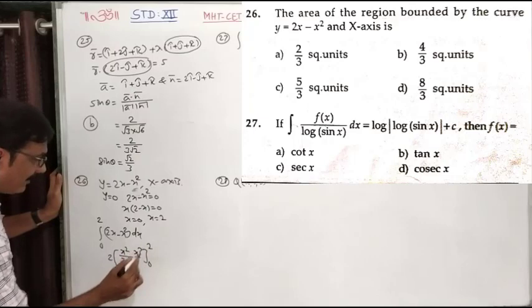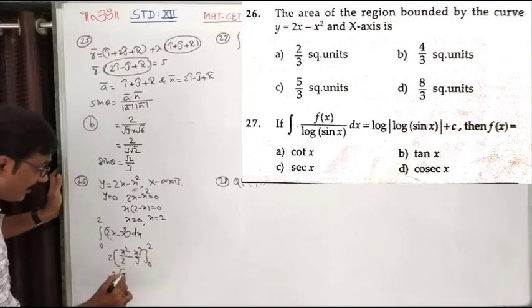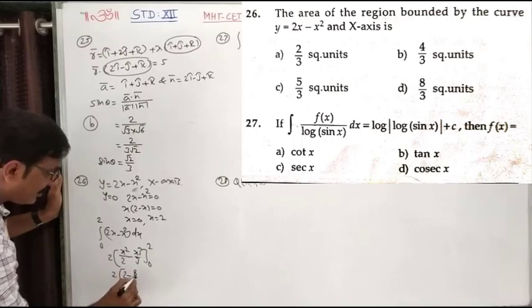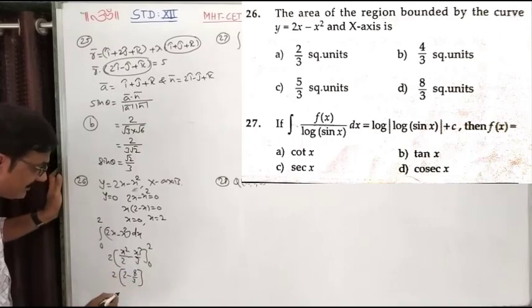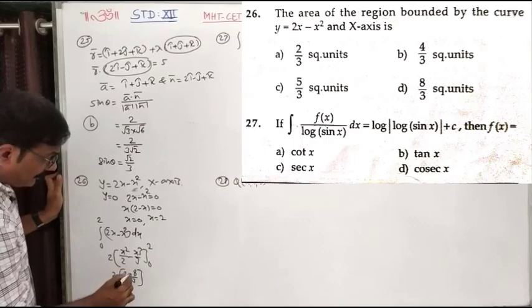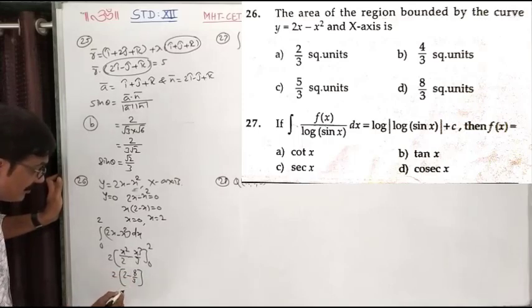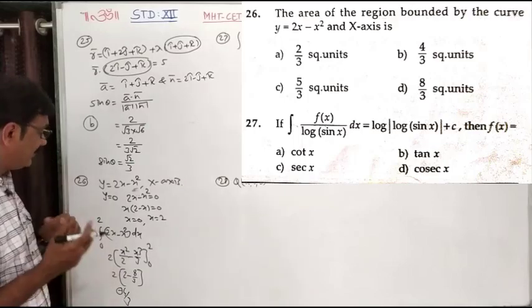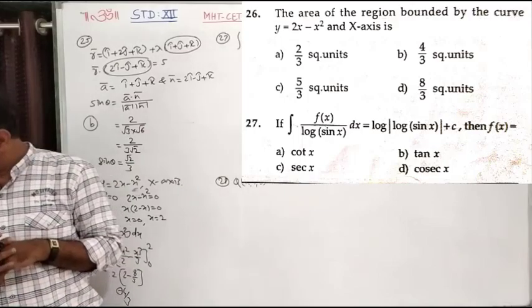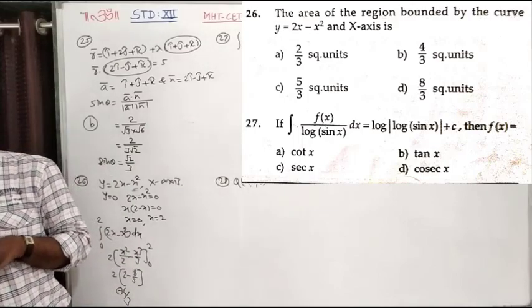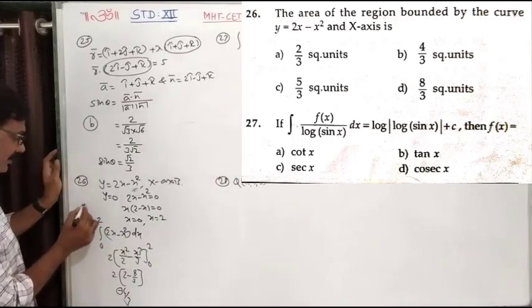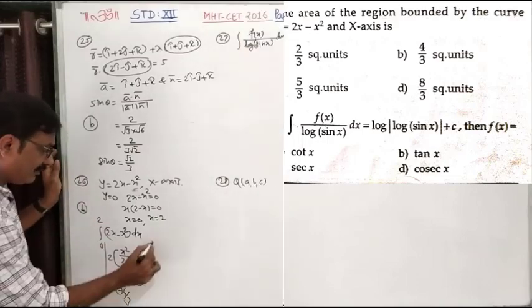Just put the values of x. 2 square 4 upon 2, it is 2. 2 cube 8 upon 3. 3 2s are 6, minus 8, minus 2. So minus 4 by 3, neglecting the negative sign, your answer is 4 by 3. Option is B, because we consider the modulus of that.